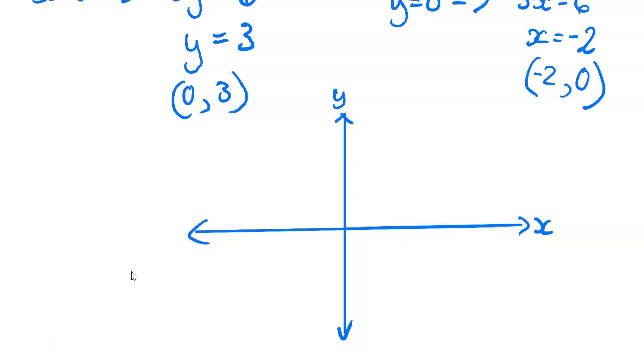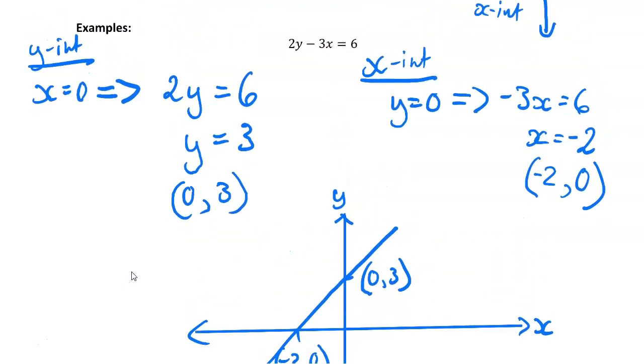But it would look something like this, where that is equal to 0, 3. That point is equal to -2, 0. And our equation is 2y minus 3x equals 6.